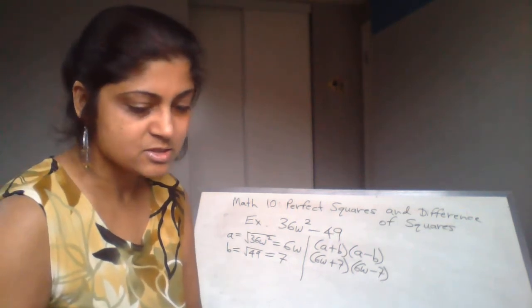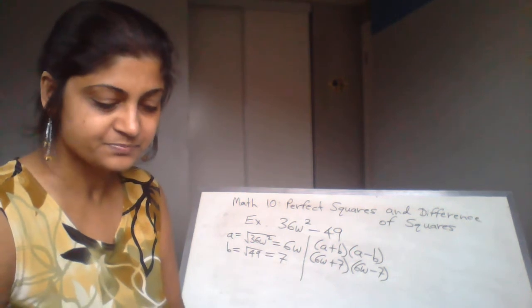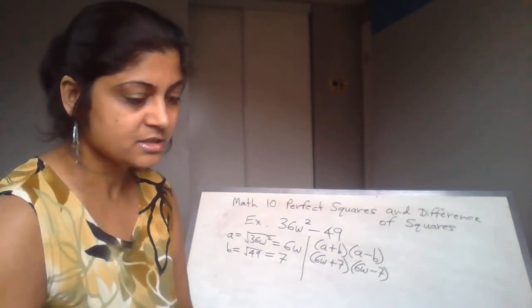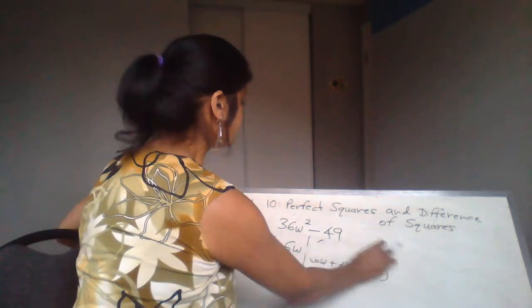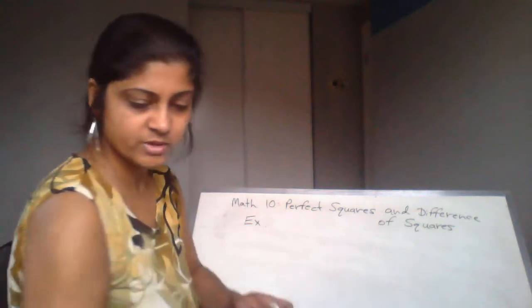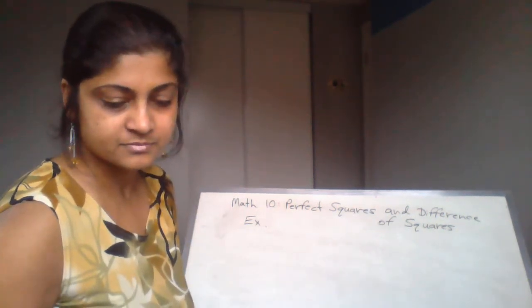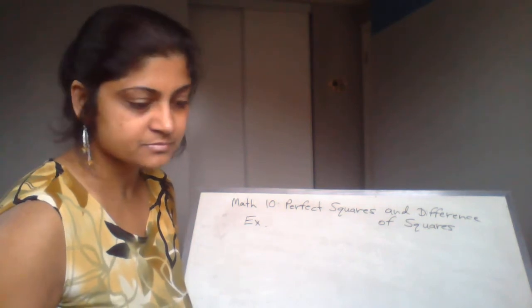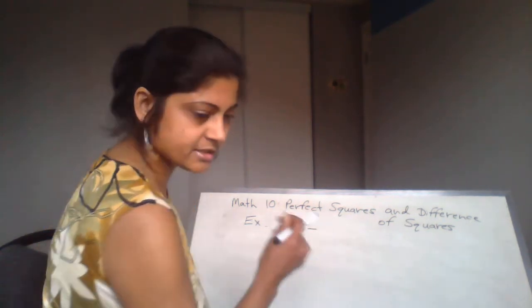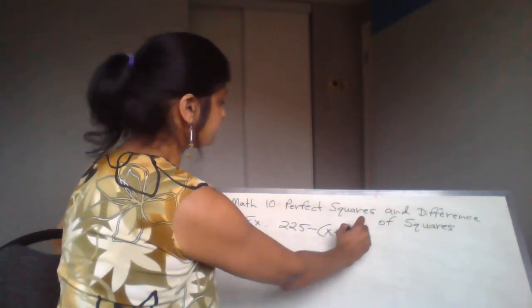I'm going to pick one of the questions from the textbook. Let's try this one first. I don't want to pick a really hard question, just to make sure everyone can grasp the concept. So 225 minus x plus 5 squared.